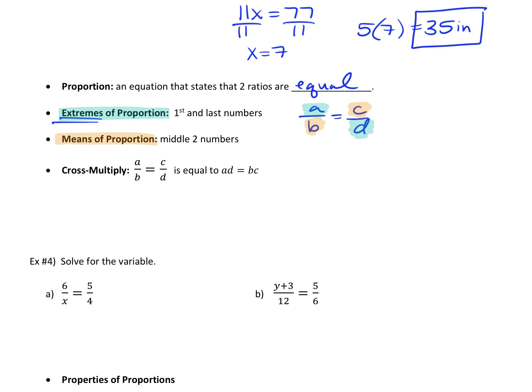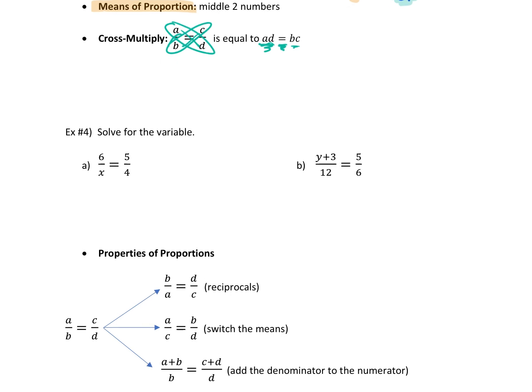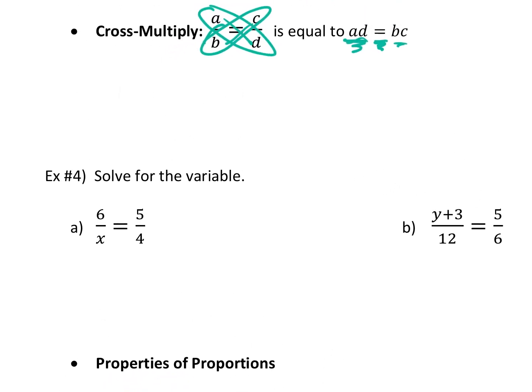What I usually see done wrong with cross multiplying is people, instead of saying this times this equals this times that, multiply the A times D and the B times C, but then they turn it into another ratio. Don't do that, okay? When you cross multiply, you're saying A times D equals B times C, okay? And I'll show you right here what I mean. Actually, you'll show me what I mean.